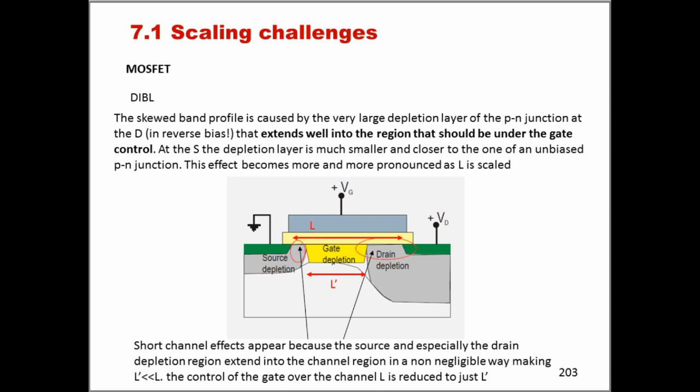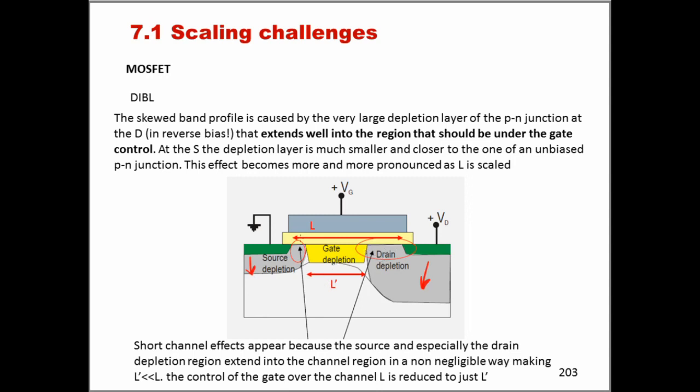And the reason why this is happening is because of the very large depletion region around the drain, and also the much smaller one, although in the source region, that they both extend now well into the channel area.